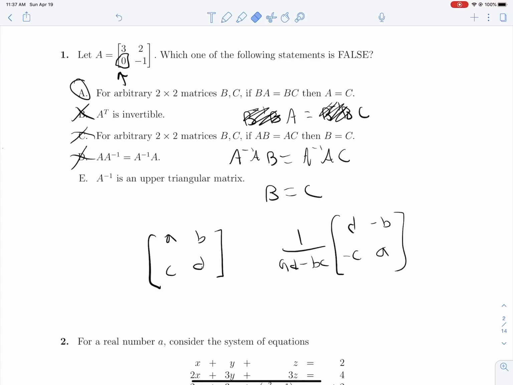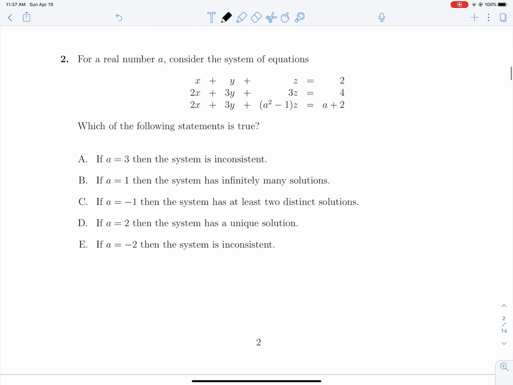This spot will still be a 0, so all the elements under our main diagonal are also still 0. So 1 is A.